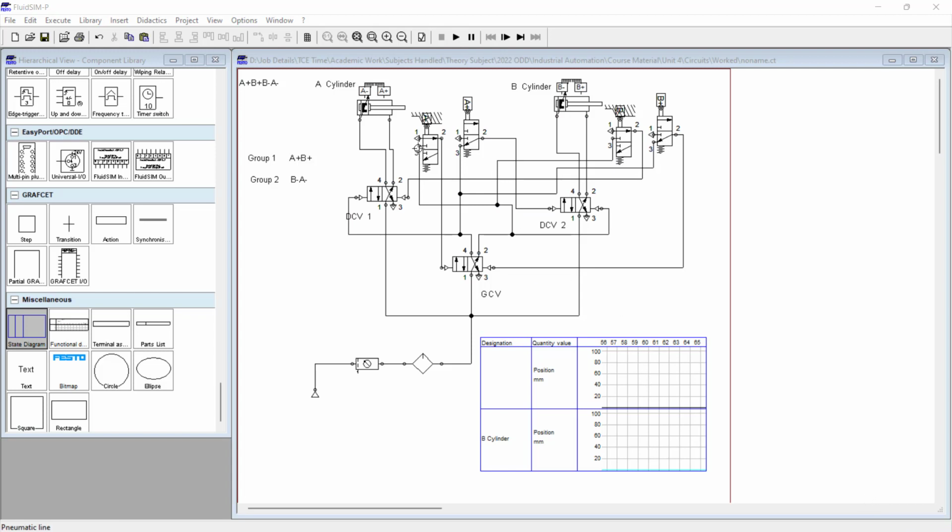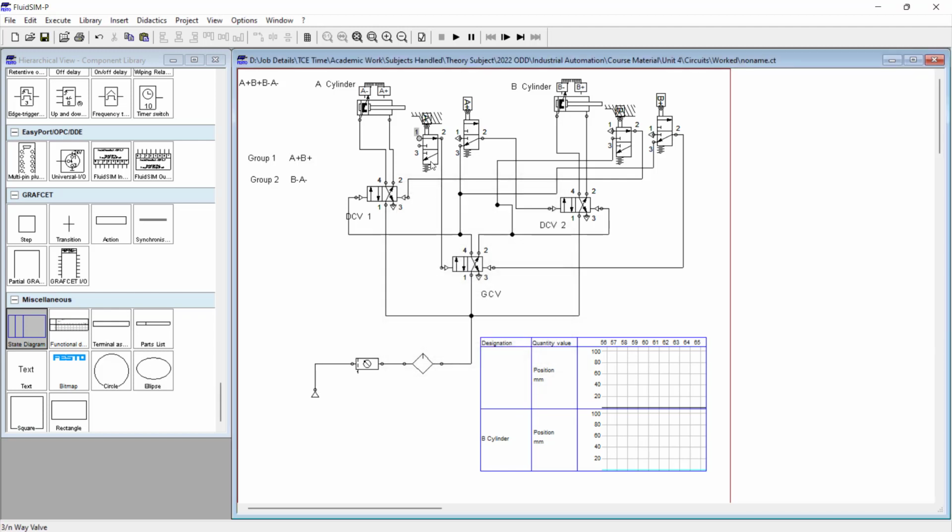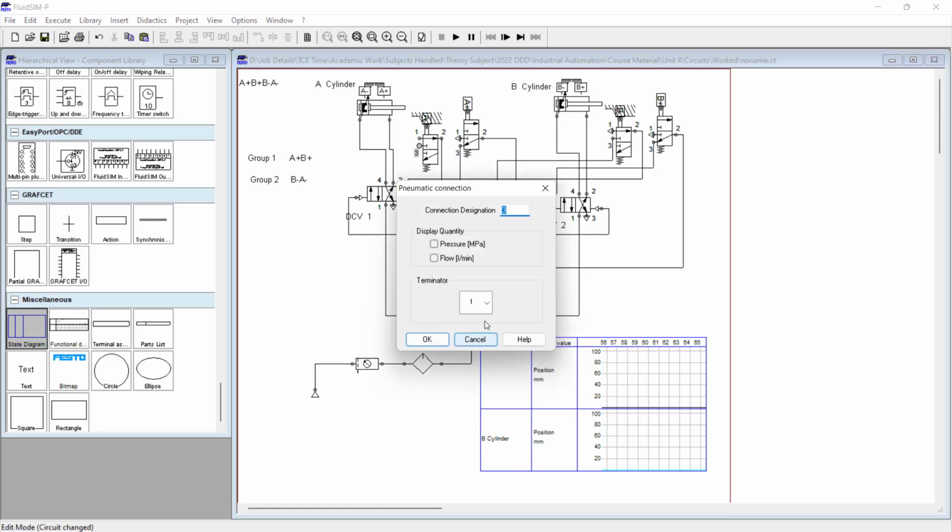Sorry, here I made a small mistake. Port 1 should be an inlet, a power port. Port 3 will be a vent port.